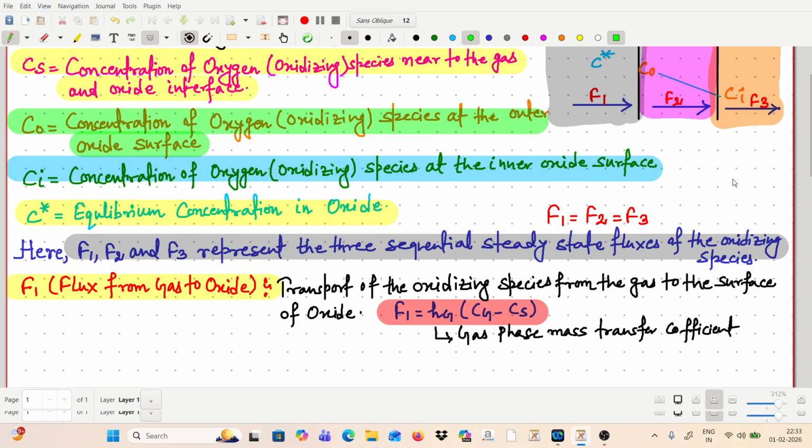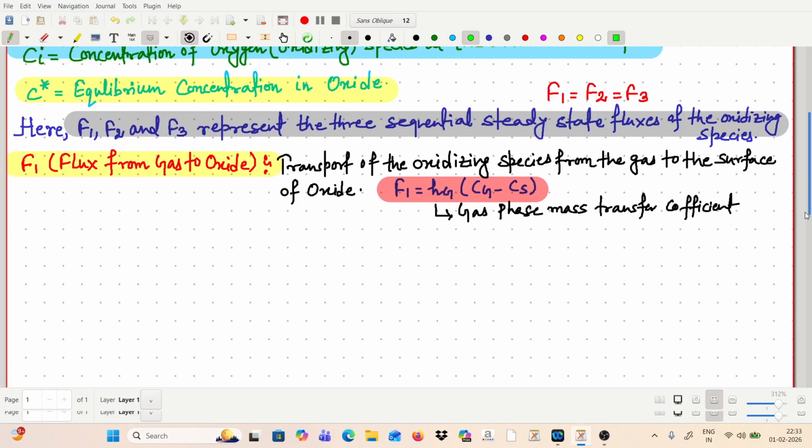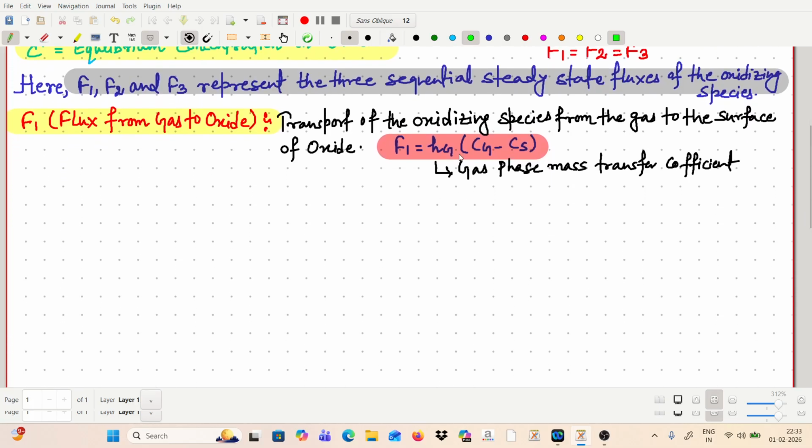Now what we can write, this Cg can be written as Pg upon kT, and this Cs can be written as Ps by kT, where this Cg, the concentration of the oxidizing species in the gas, is the partial pressure of the gas by Boltzmann constant into temperature, and Cs is Ps by kT.